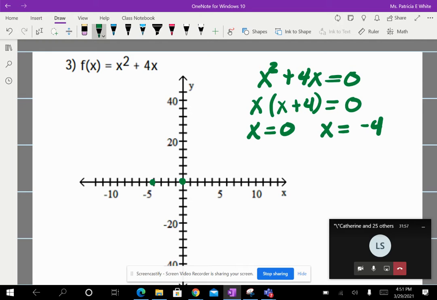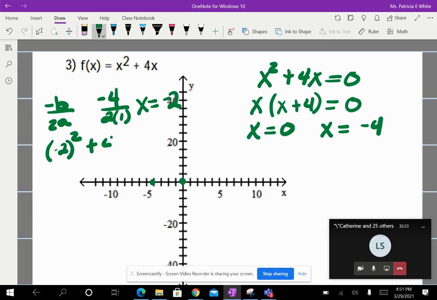Now I want to find that vertex so that I know what point down here it's going to be. So again, negative b over 2a. So negative 4 over 2 times 1. X is equal to negative 2. Plug that in, and you have negative 2 squared plus 4 times negative 2.